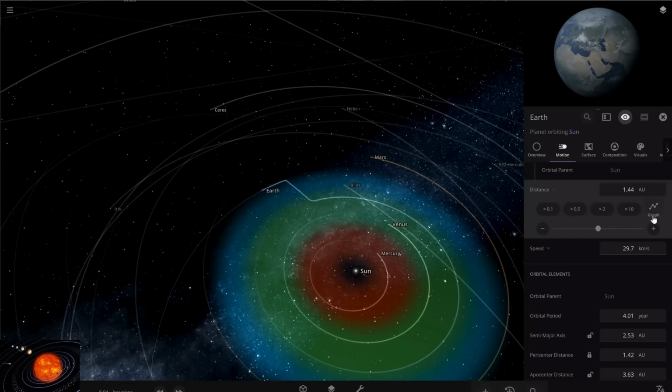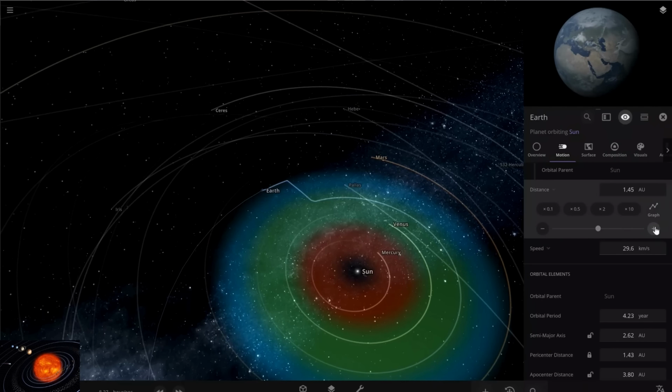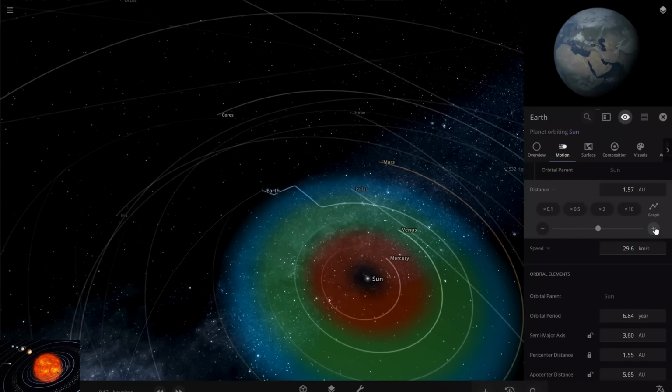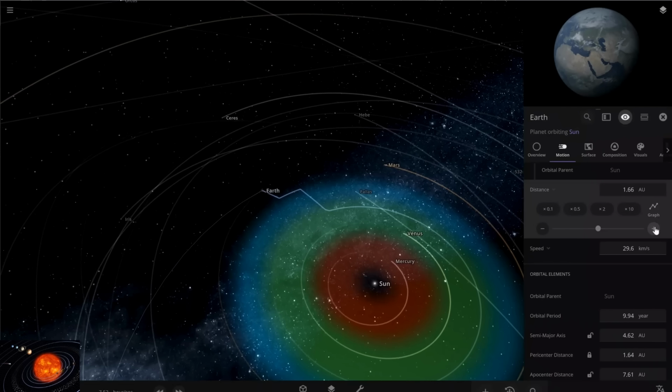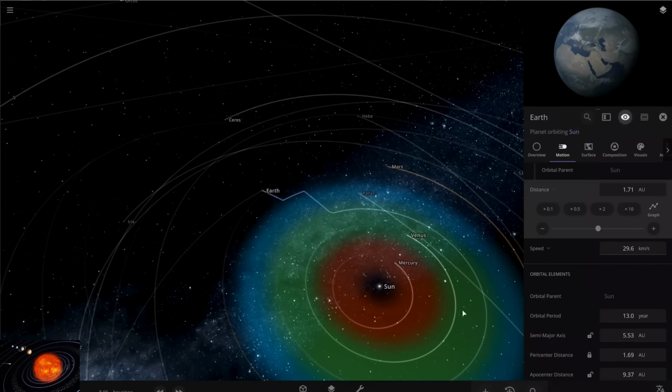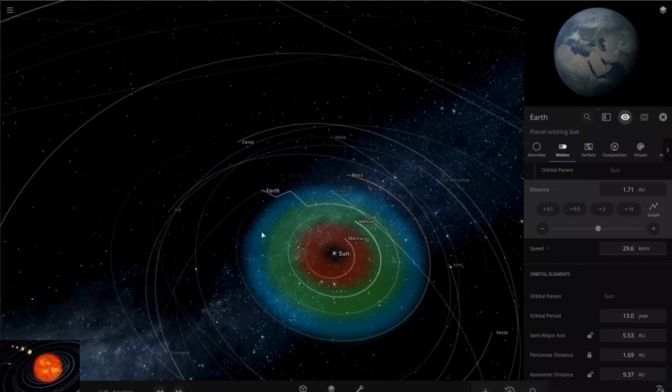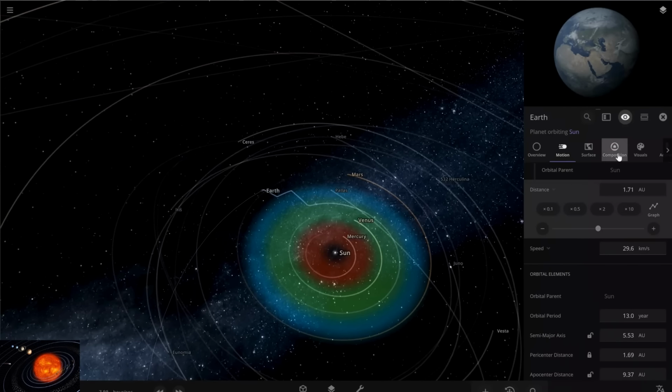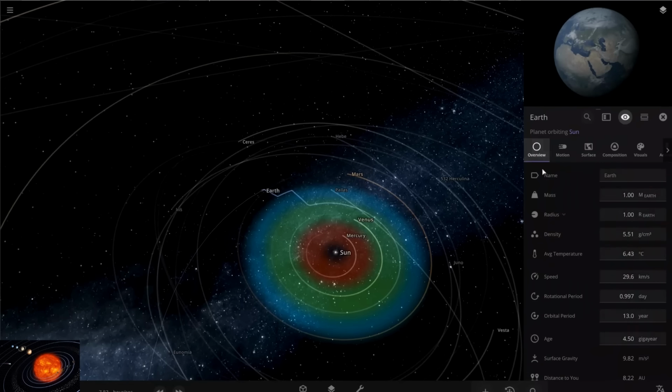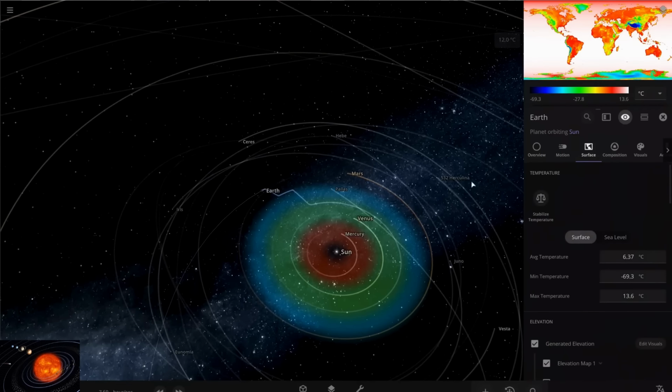So if we are increasing the distance between the Earth and the Sun, as you can see, it is gradually getting farther from the Sun, and it's out of the habitable zone. So for sure, after time, we could see the Earth's temperature would be decreased. I can see it here.